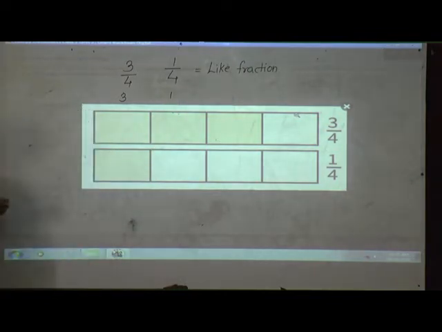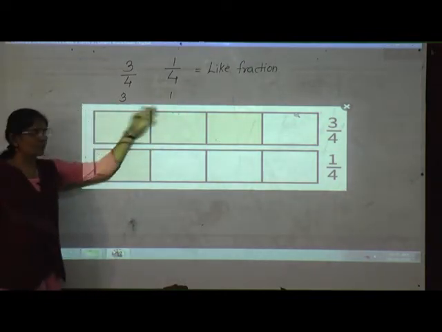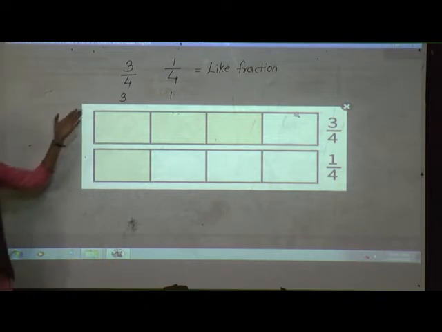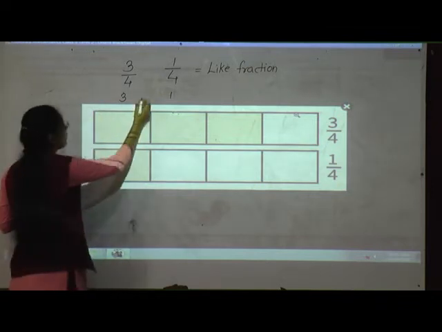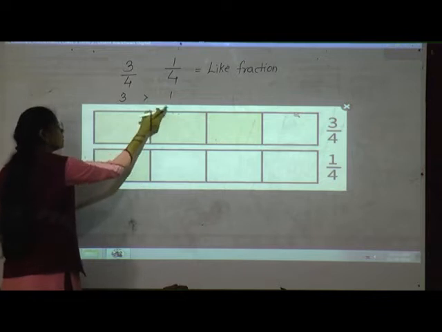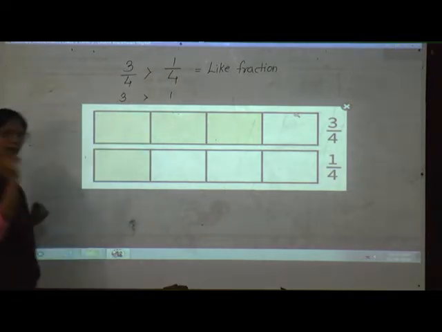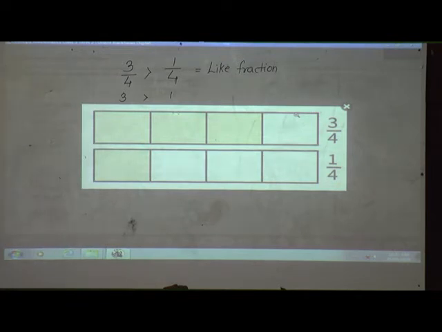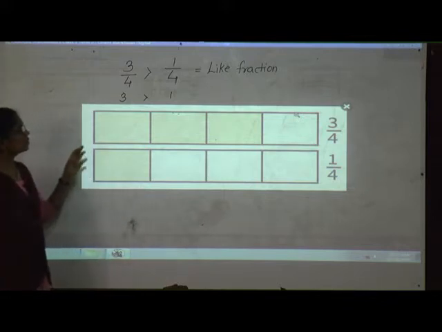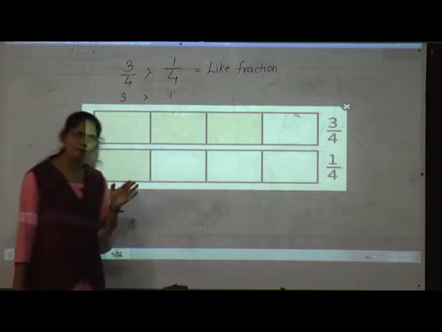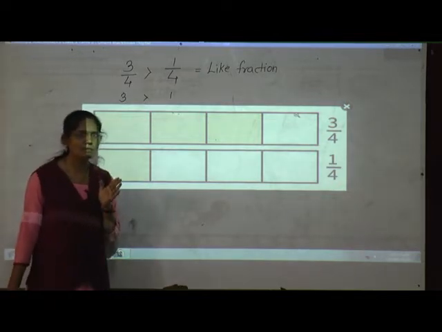Now say students, tell me which one is greater? 3 is greater than 1. So 3 by 4 is greater than 1 by 4. Now what you have to do? If the fraction is a like fraction, now like fraction means what?